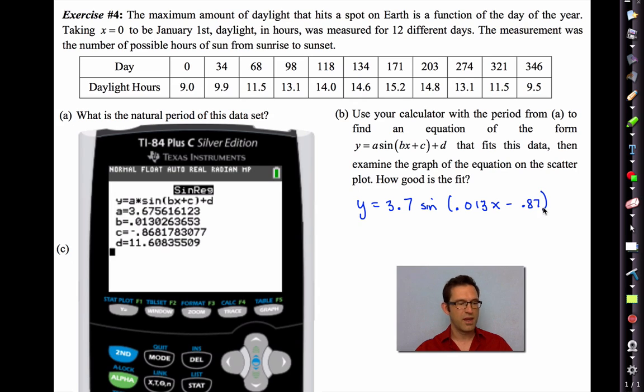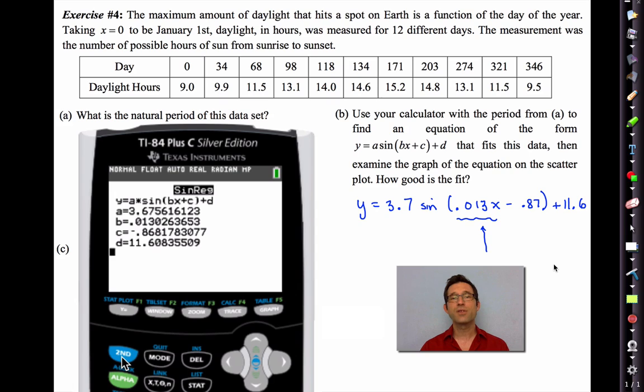I know that was inconsistent with my last one, but I tried rounding it to 0.01 and it did a much worse job fitting the data. That's an interesting conversation all by itself. I've taken this out a lot of decimal places because when I tried to just do this one, it didn't fit the data nearly as well. In fact, let's create a real quick stat plot, and we'll put that in y1, and we'll see how good the fit is.